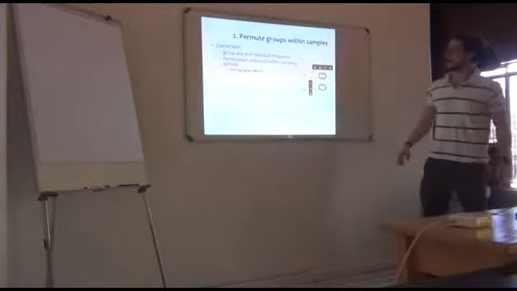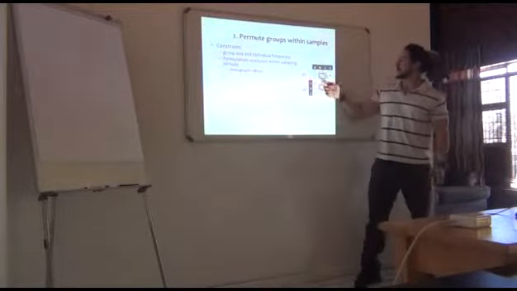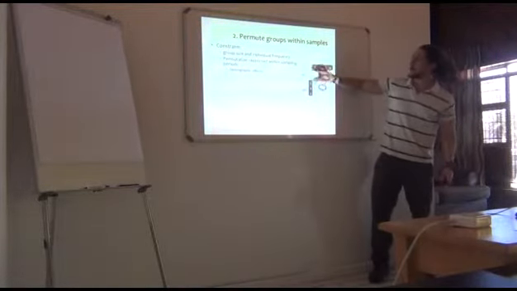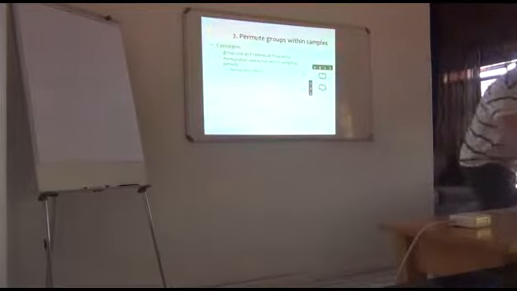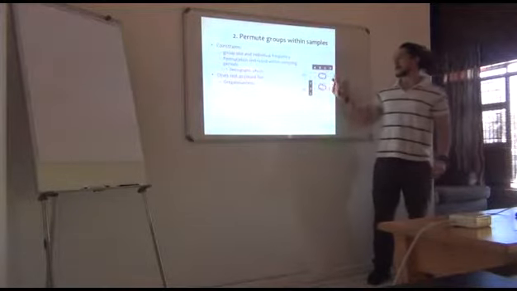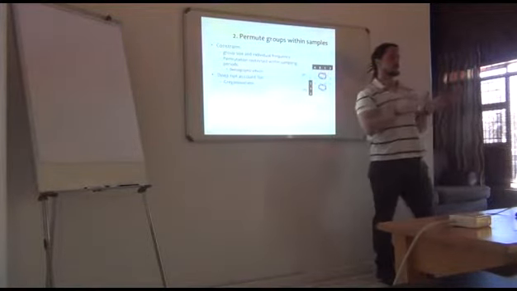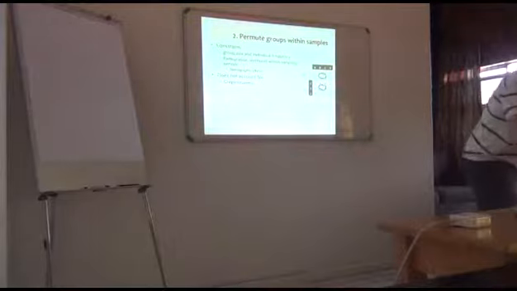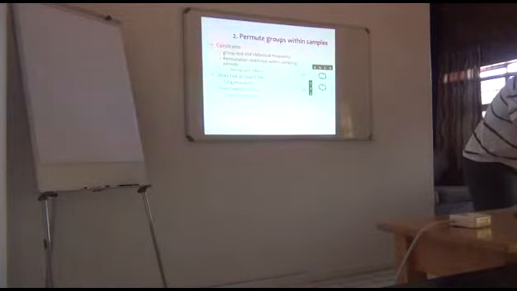So the permutation is restricted here to remove the demographic effects. It does not account for gregariousness, so whether individuals are found in small groups or huge groups, we do not account for that.